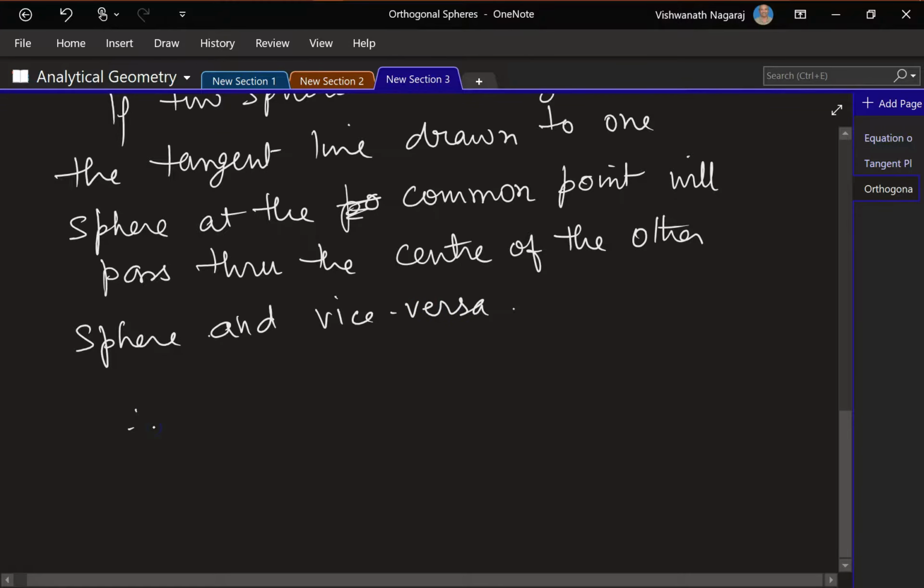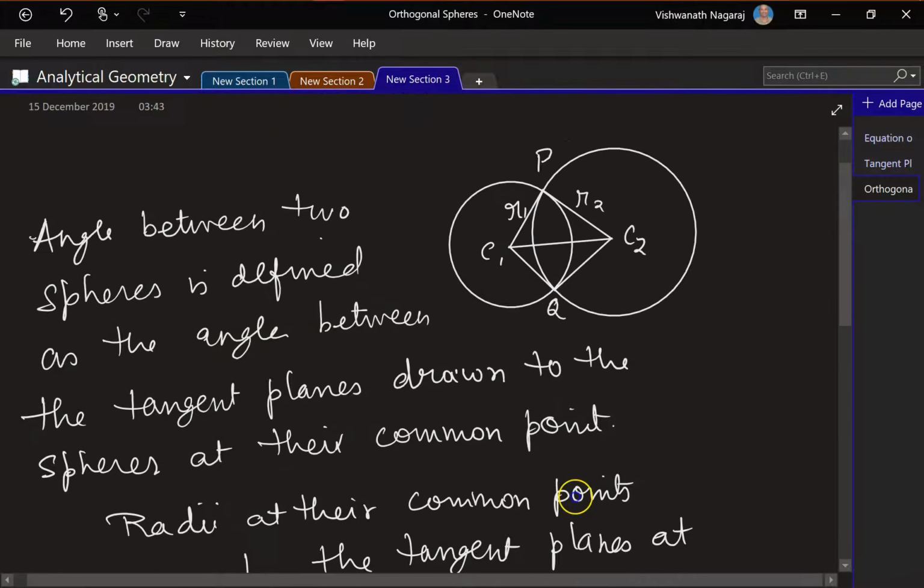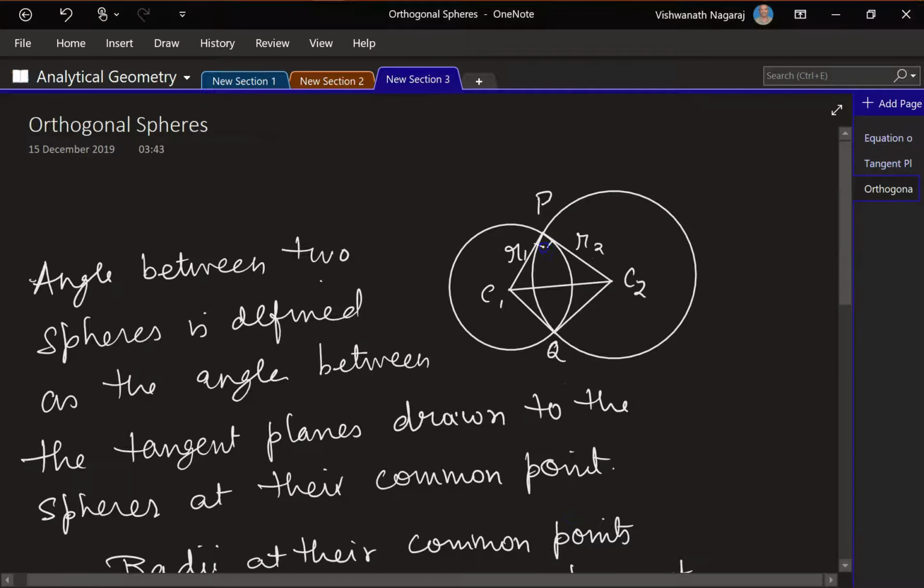So therefore, if you look at this diagram again, this is going to be 90 degrees in case of orthogonal spheres, and this is going to be 90 degrees. And these two angles are going to be equal.